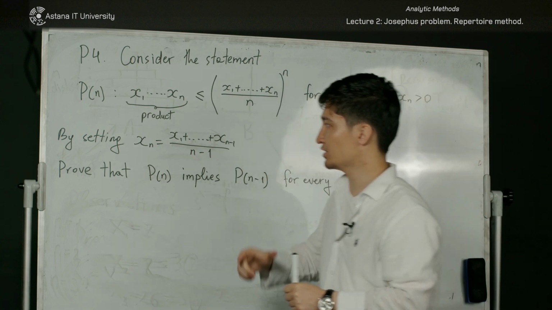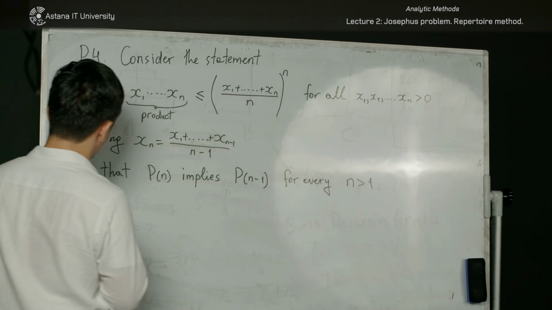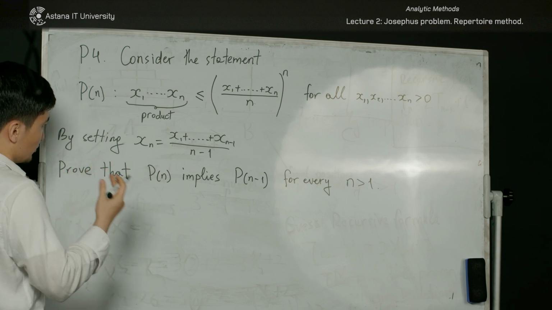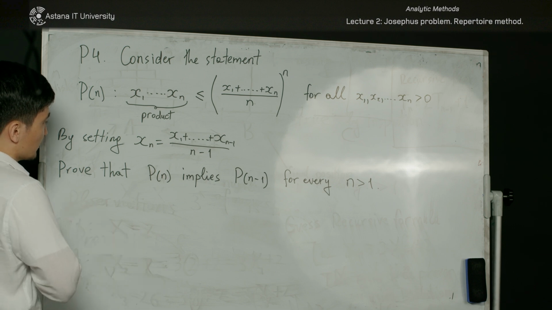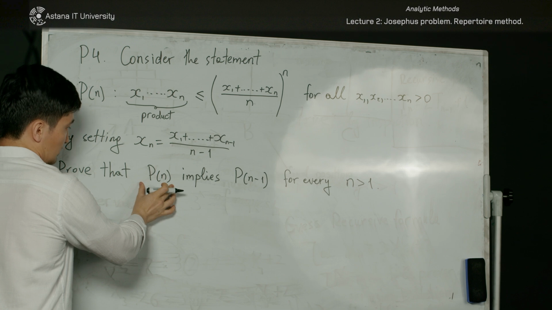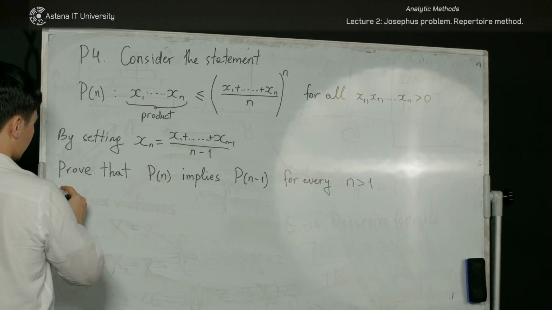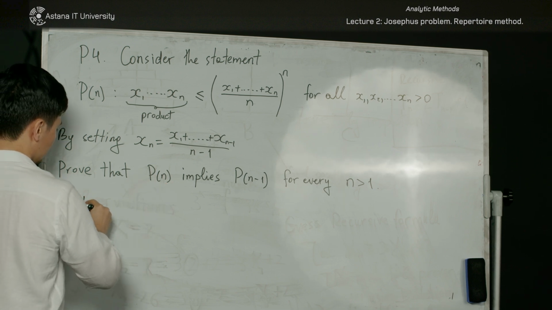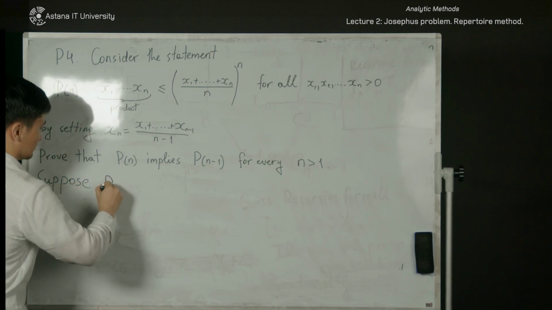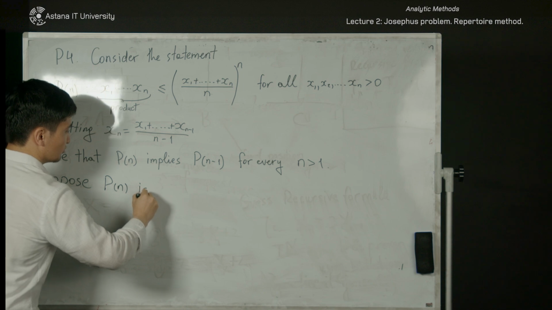Now let's start with our assumption or supposition. We're starting with the condition. The condition is that Pn first must be true. So we're going to assume, suppose that Pn is true.